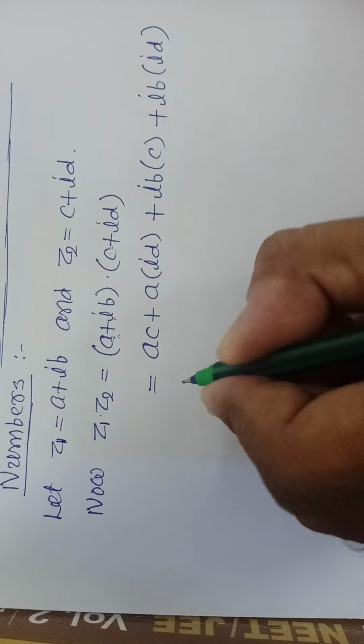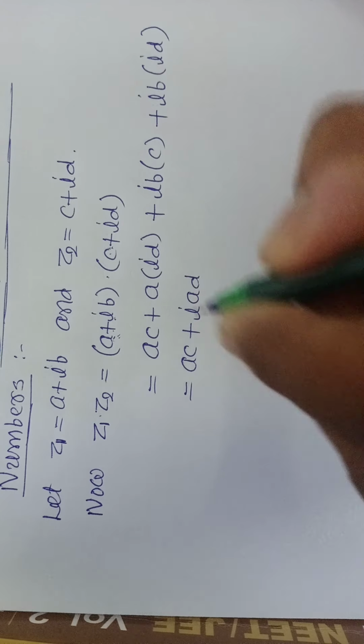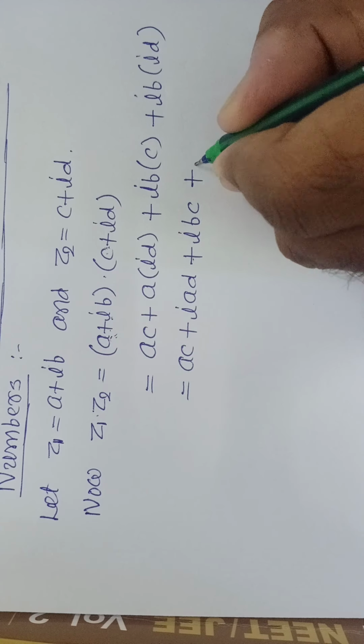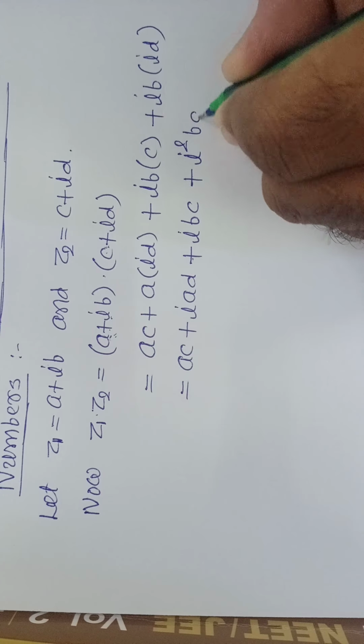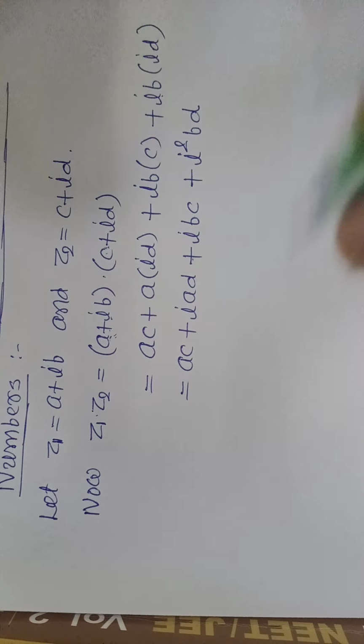Right, now this is ac plus iad plus ibc plus i square bd. Now the main thing is this.